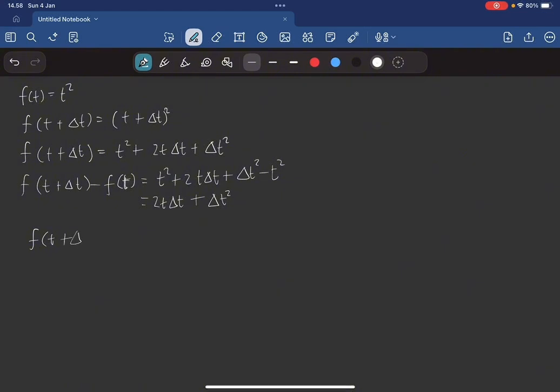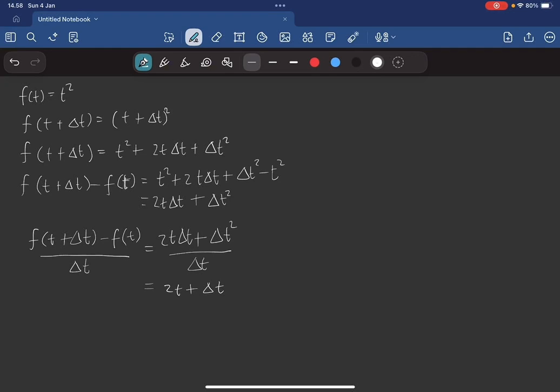We get f(t plus delta t) minus f(t) over delta t equals 2t delta t plus delta t squared divided by delta t, which equals 2t plus delta t. Now it's easy to take the limit as delta t approaches 0.